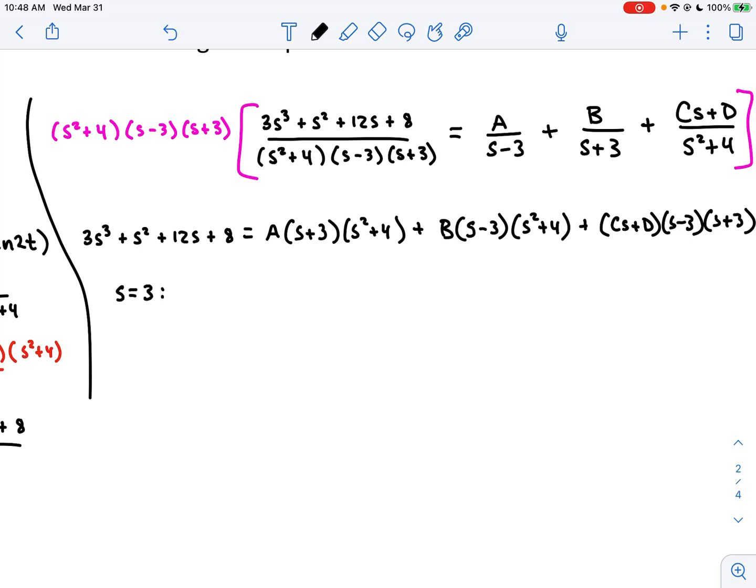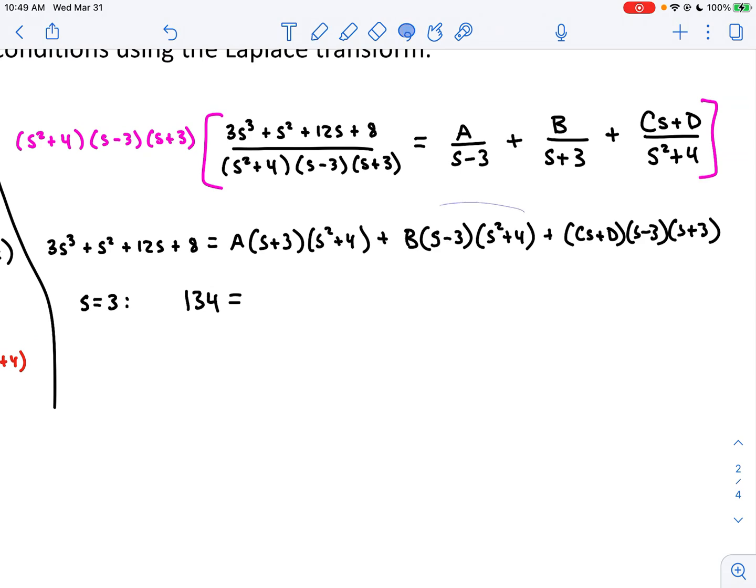Plug in 3 on the left side of the equation. We're going to have to do 3 cubed is 27 times 3 is 81, plus 9 is 90, plus 36 is 126, and then plus 8, we get 134. So we get 134 on the left side of the equation when I plug in s equals 3.